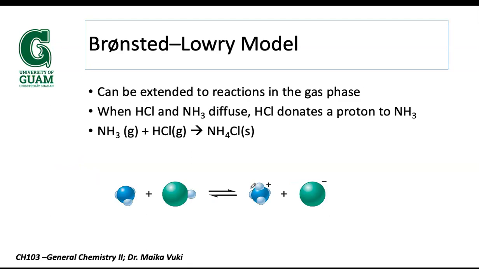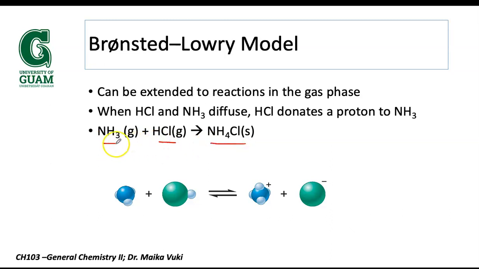Now let's go to the definition that we have looked at in the Bronsted-Lowry model: a proton acceptor and proton donor. Now let's look at this. This is ammonia gas, so we're talking about the gaseous phase. Ammonia gas and HCl gas, and then you combine the two.